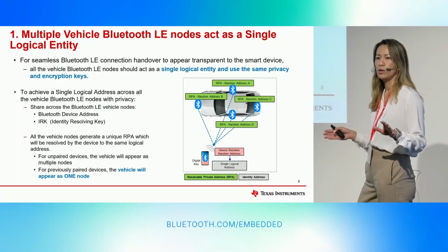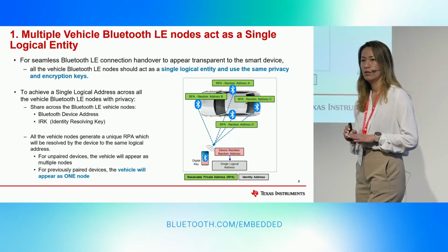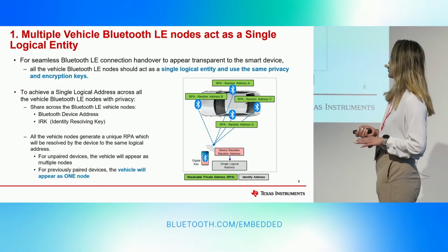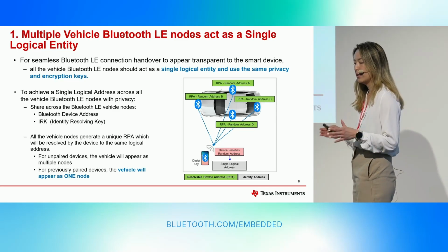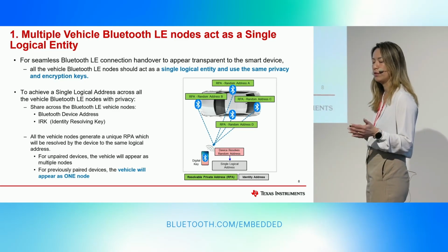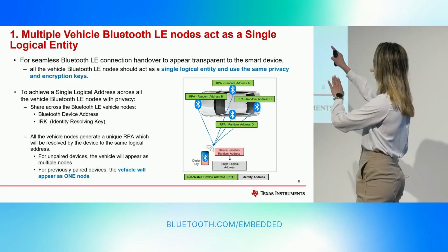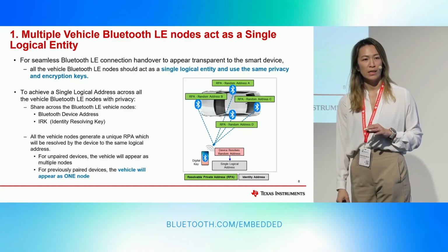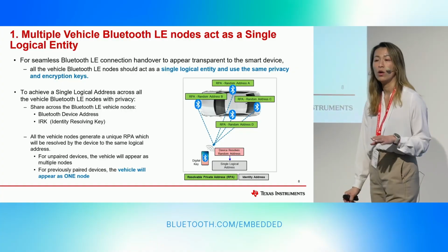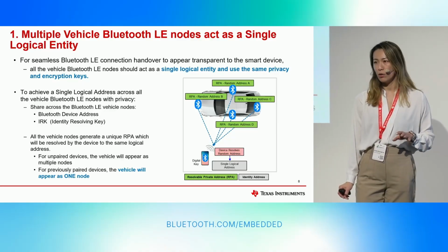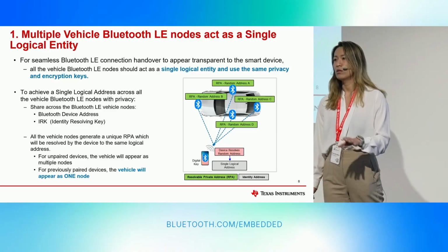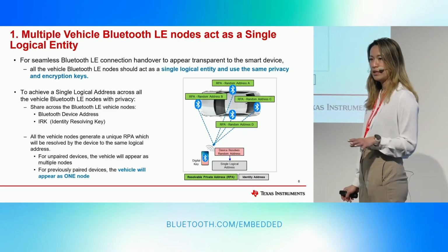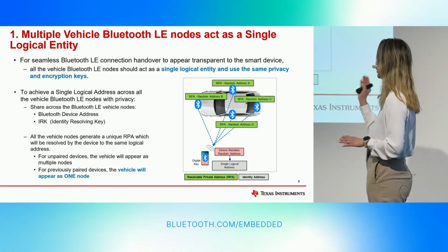You don't need to multiply it, and you don't need to do it multiple times, right? So once you've done that, for the consecutive connections, all the nodes, even though you can see in this picture you have 4 nodes advertising, they could all use a different random private address, but based on the IRK and the BD device address, they will resolve to the same thing.